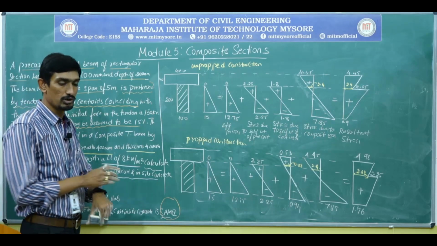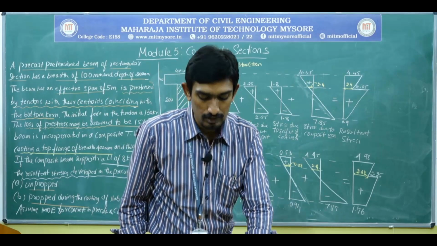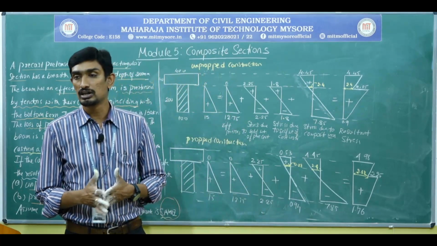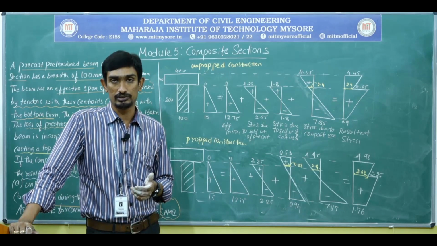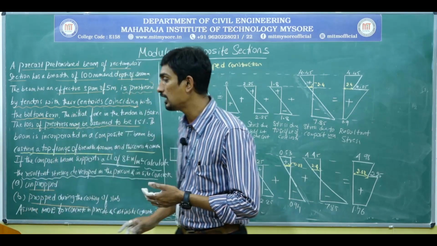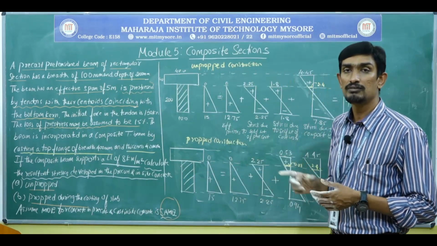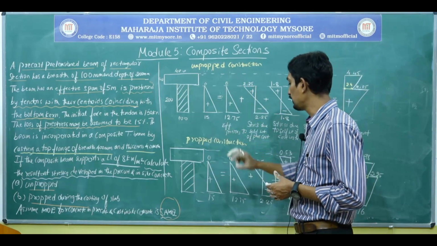So like this you need to calculate the stresses and draw the stress diagram. Hope you have understood completely how to calculate the resultant stresses for unpropped and propped construction cases. You need to be very careful with respect to the stresses due to the self-weight of cast in situ slab in the unpropped and propped cases.